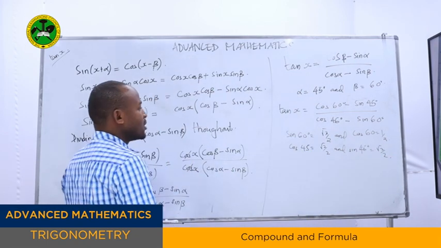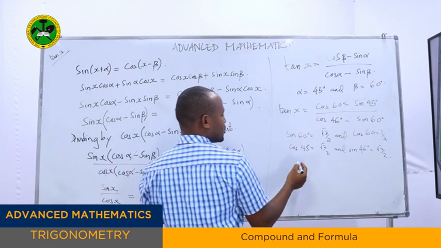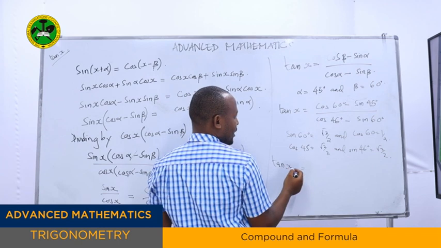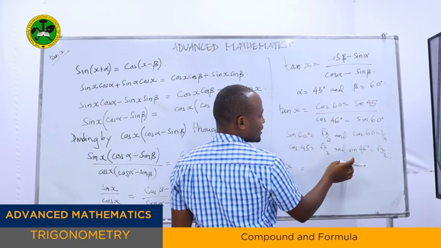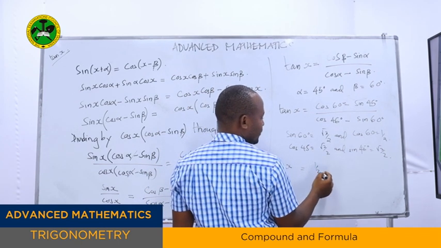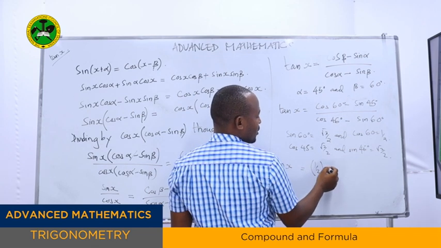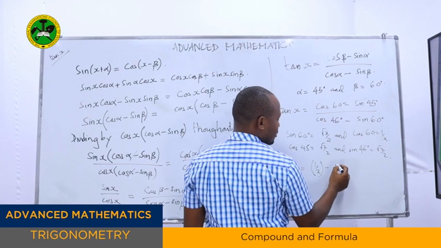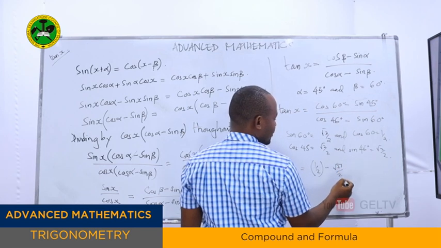So can we plug them in? Now let's do it. That means we are going to be left with tan x equals what? Cos of 60 is a half, minus sine of 45 is root 2 over 2.